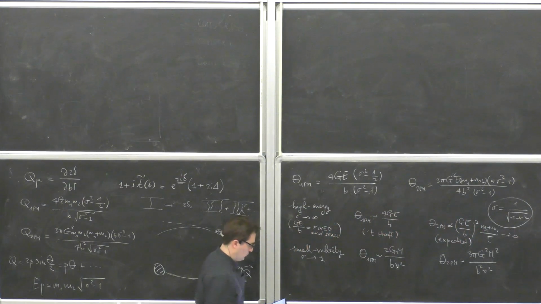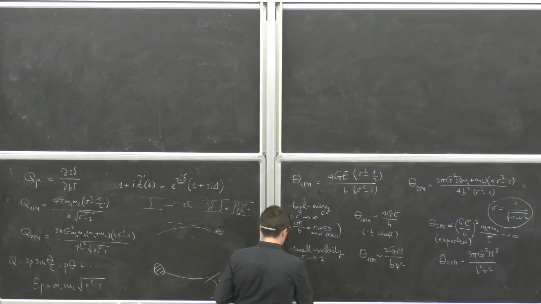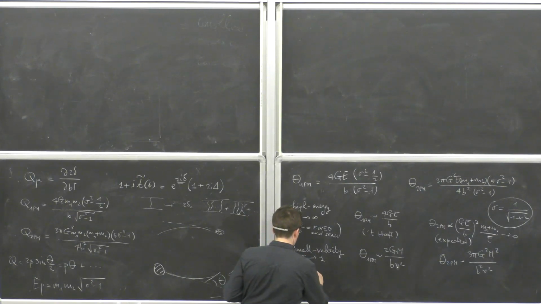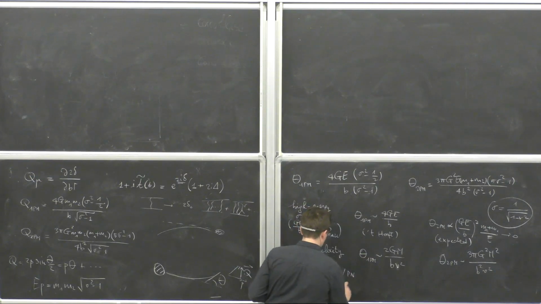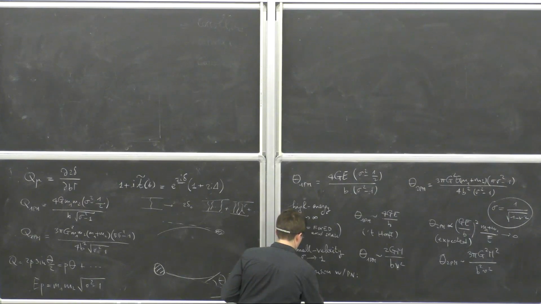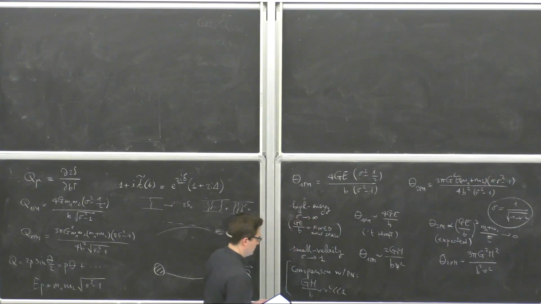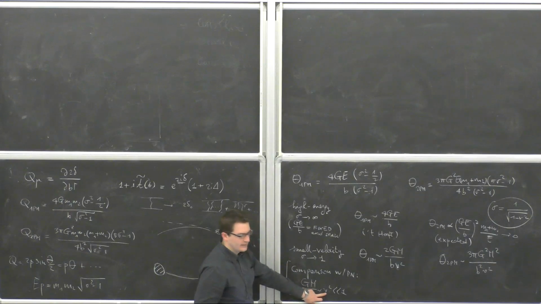So now I wanted to spend a word about how one compares with PN, post-Newtonian. You remember that in the post-Newtonian limit, we would be expanding in a regime in which GM over B and V squared are both small and of the same order. What tells you at which order you are in the post-Newtonian expansion can be taken into account by realizing that G scales like 1 and V scales like 1/2, right?